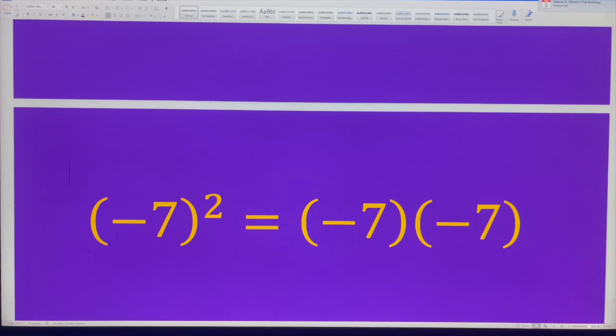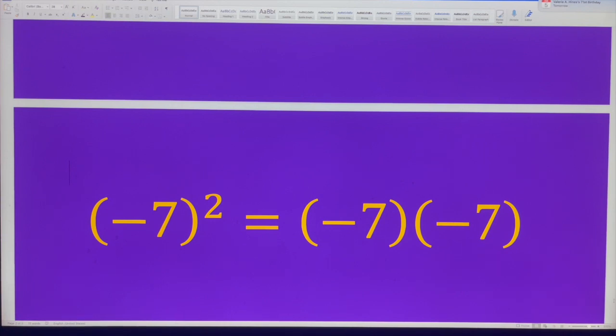Now, it's 2023, y'all. So you know what I did? I was just curious, and I said, let me just go and ask Siri. What would Siri say about this? I asked Siri, what is -7 squared? Now, I didn't say parentheses. I just said, Siri, what is -7 squared? And you know what Siri said?